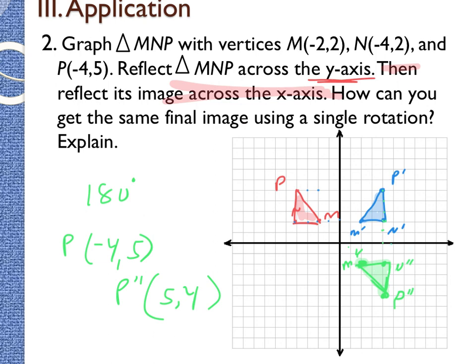And then you just changed the signs. So it changed the signs and then stayed in, wait, 1, 2, 3, 4. Oh, it stayed in the same order. I just changed my signs. So I'm going to change it to 4, negative 5. So it stayed the same order. I just changed my signs.